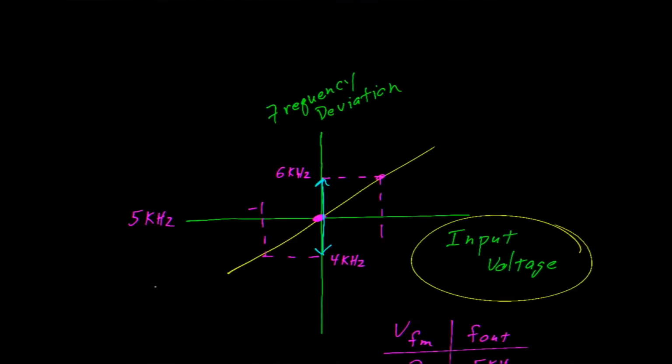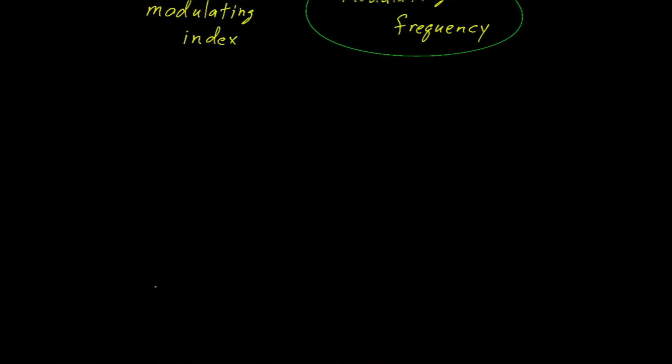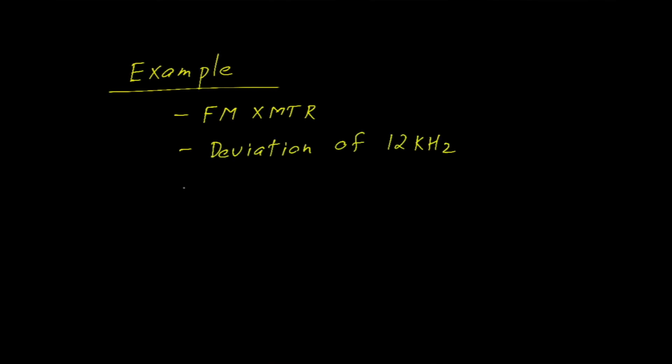A typical example would look something like this. The problem would identify an FM transmitter. In this particular case, we'll let the deviation be 12 kilohertz. Finally, the modulating frequency is identified as 4 kilohertz. We're given two of the three parameters.